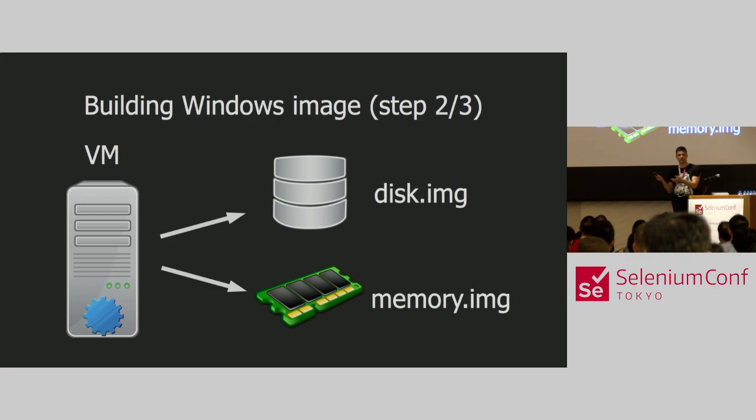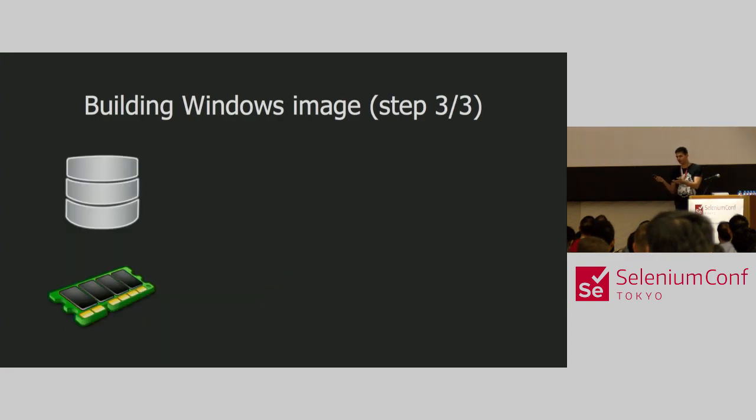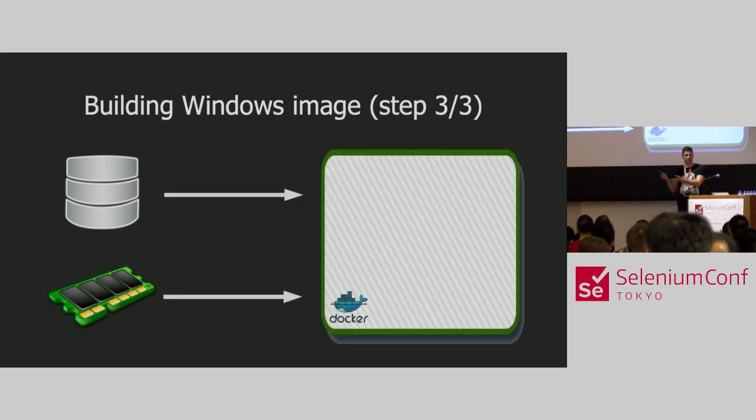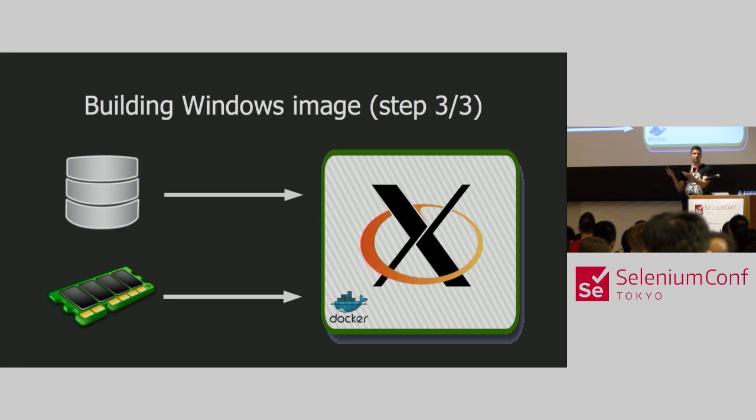So on the third step, we already have these 2 files and are ready to create a Docker image with Windows inside. We take a standard Docker image, copy both files inside this image, and use a headless X server such as XVFB in order to be able to launch this virtual machine without a real display in headless mode.